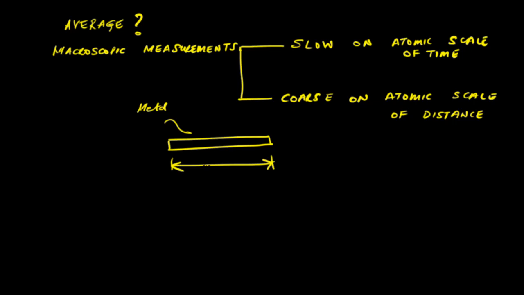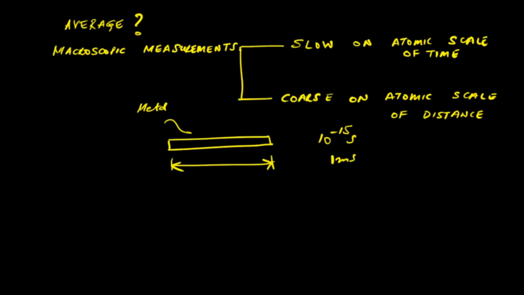The characteristic period of vibration of the molecules or the atoms that are organized in this metallic bar is of the order of 10 to the power minus 15 seconds. But let's say the fastest measurement we can take is over, let's say, 1 millisecond, maybe by taking a snapshot of this metallic object.